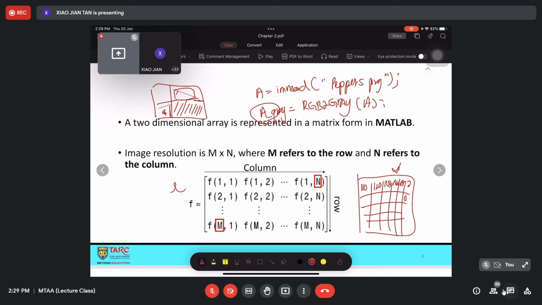If you want to show the image, use imshow A underscore gray. This is the basic algorithm to play around with the image.